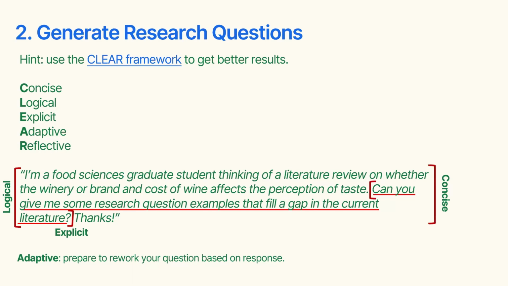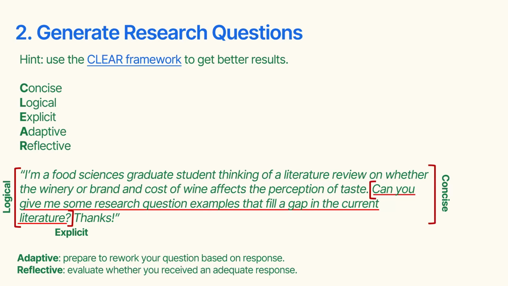Like, for example, if I forgot to be explicit about what I was looking for, research question examples, you need to recognize you forgot to do that. Obviously, we're looking at research questions, but it might be something else and you didn't actually specify that. And the response you get really doesn't help you at all. You need to change your prompt to get a better response.